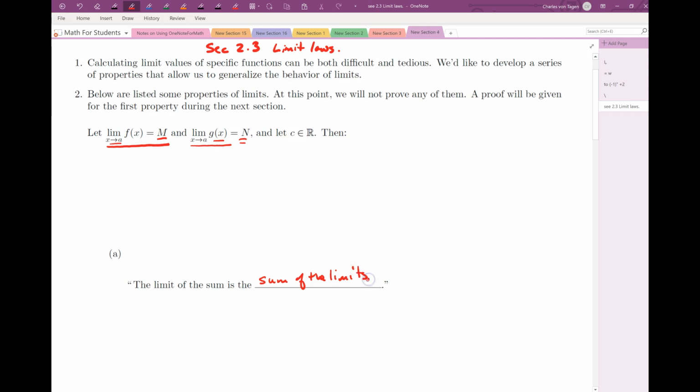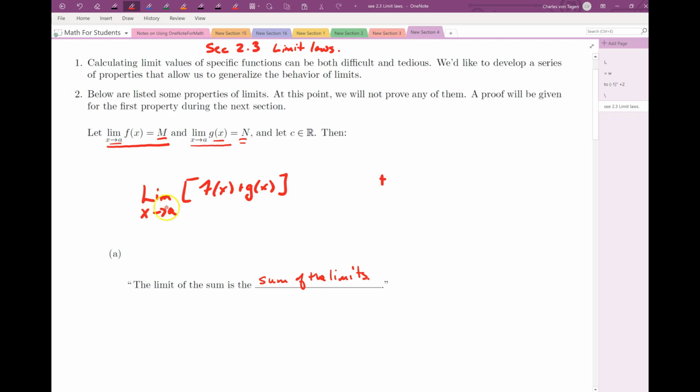That's the first property we want to give. What does that look like mathematically, or written out in symbolic language? Well, this would say that the limit as x approaches a of the sum of these two functions can be determined by simply distributing the limit over the summation operation. So there's the summation operation.